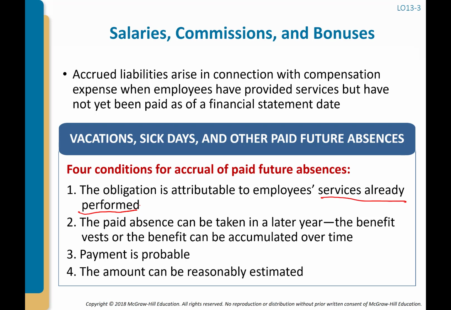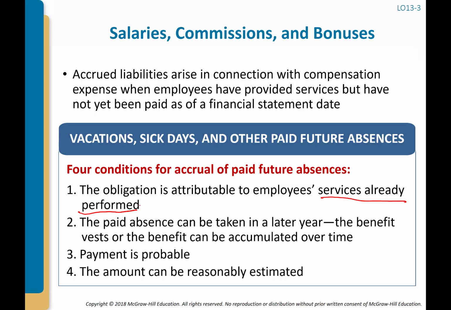And now we're going to be accruing the expense for work that they've done to which there was vacation that was accrued, okay? The paid absence can be taken at a later date, so the benefit has to vest. Most vacation time will vest year to year, right? And if the employees carry it forward, then it stays on the books as a liability going into the next year. Payment is probable, okay?